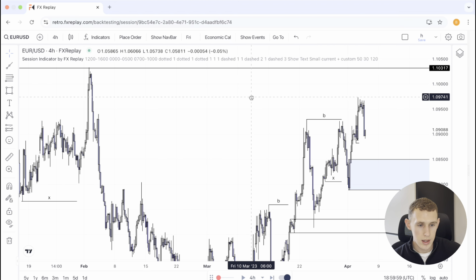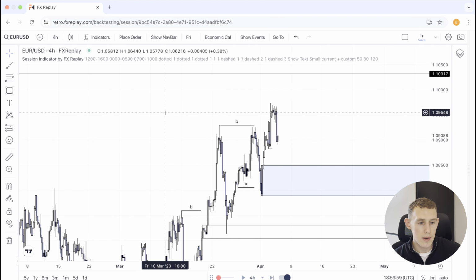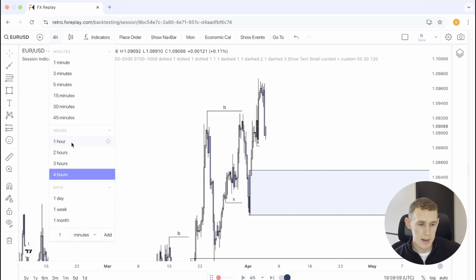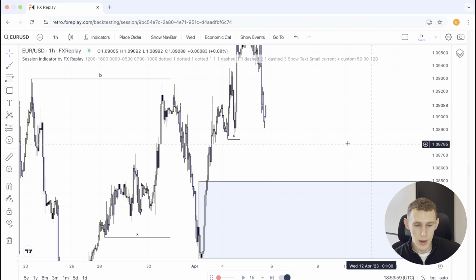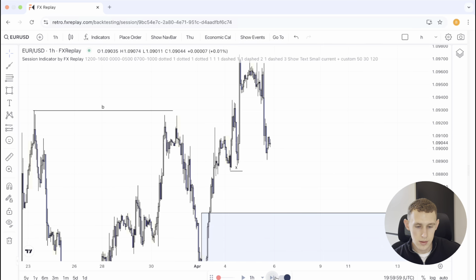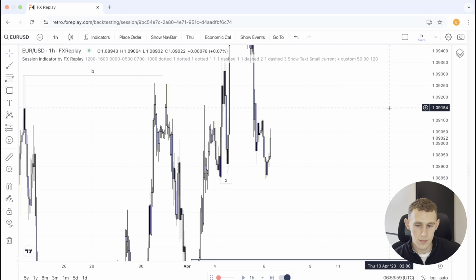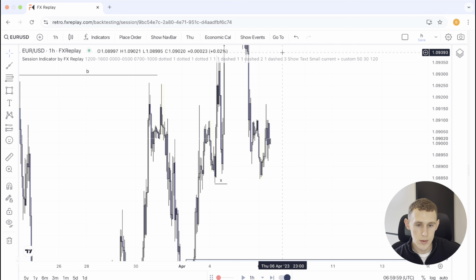And once again, price is very clearly gravitating towards that current trend high, so I'm not expecting a reversal until at least that level goes. I'm going to fast forward the Asian session.